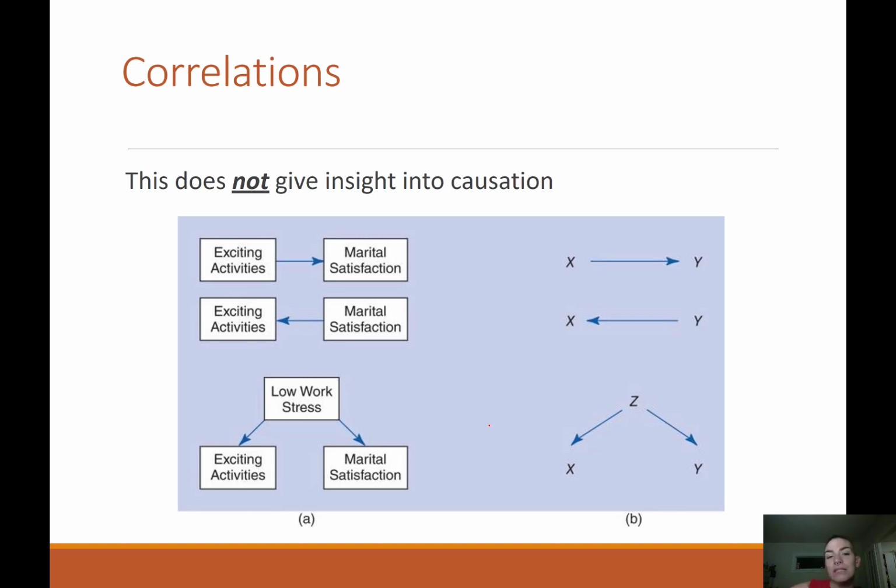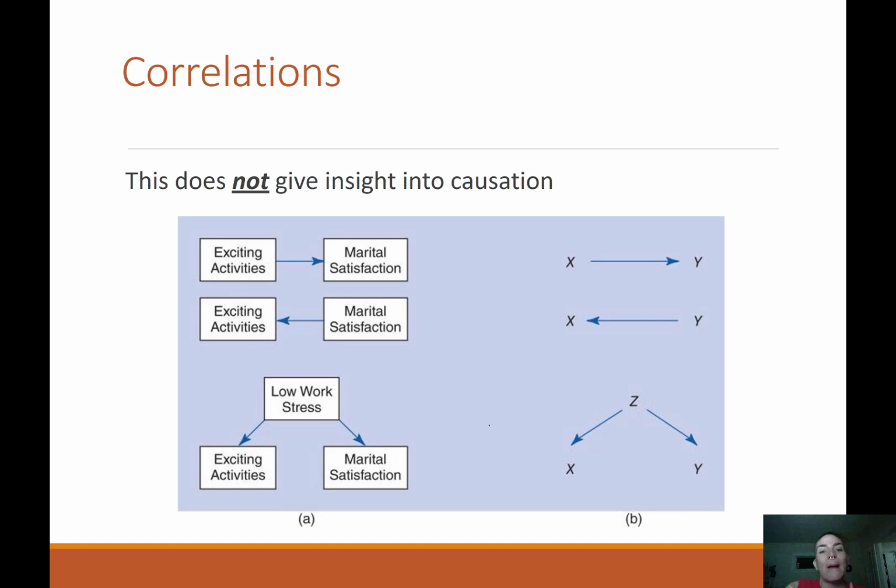So it's plausible to think, for example, that couples who engage in many exciting activities together are therefore happier in their marriages. However, it could also be the case that marital satisfaction is causing the exciting activities. If you're happier with your partner, then you may be more likely to want to spend a lot of time with them.